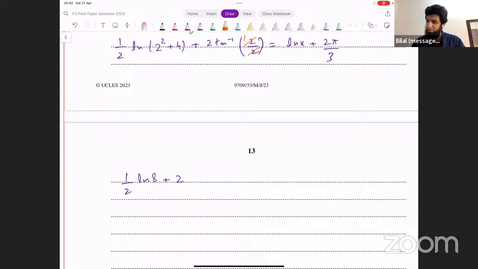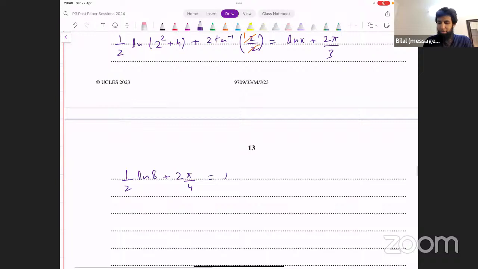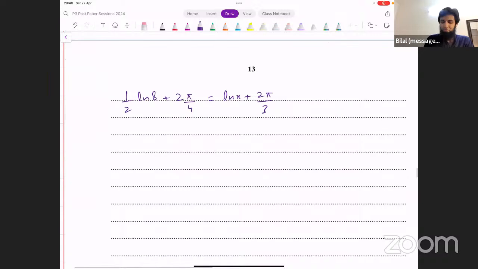What's tan inverse of 1? I think it's pi over 4, right? Or you can just put this on your calculator, pi over 4. 2 pi over 4. On the other side, you've got ln of x plus 2 pi over 3. And now, just take everything to the other side and see what value of x you get from that.